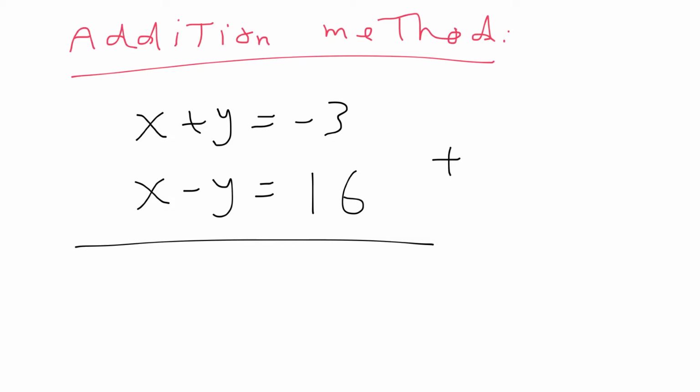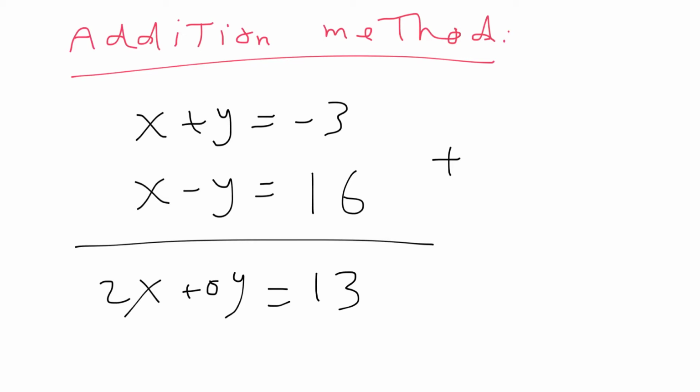So when you add here, you add x with x, it gets you what? It gets you 2x, right? And then when you add y and minus y, you get 0y, right? 0y or 0, nothing, right? And then when you add the other side, minus 3 and 16, you'll get plus 13. Okay, so that means what?